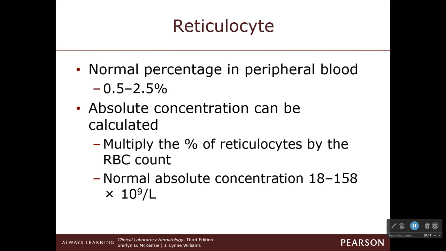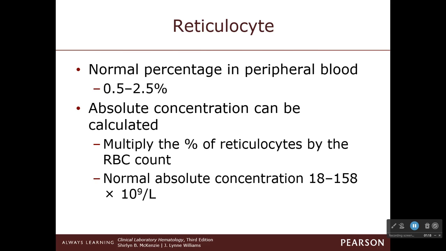So I'm going to teach you how to do it. Luckily for y'all, though, most of your instruments nowadays do a reticulocyte count. They have a stain built into the machine, a little stain packet. It does exactly what you're going to do manually, it just does it on the machine. You'll count 1,000 red blood cells, and then you count the number of reticulocytes out of those 1,000 cells. The machine counts like 10,000 cells or 100,000 cells.